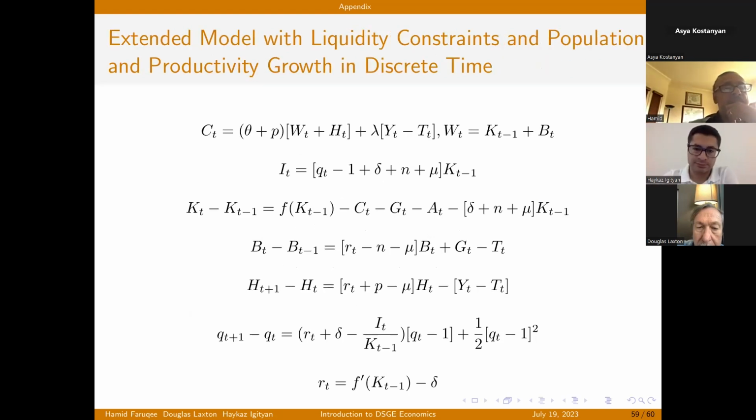This just shows you adding liquidity constraints, how the model changes. The easiest place to see that is in the top line. You see that consumption is a function of both. I think there's probably a 1 minus lambda missing in front of HT there, but consumption is a function of permanent income consumers and current income consumers.